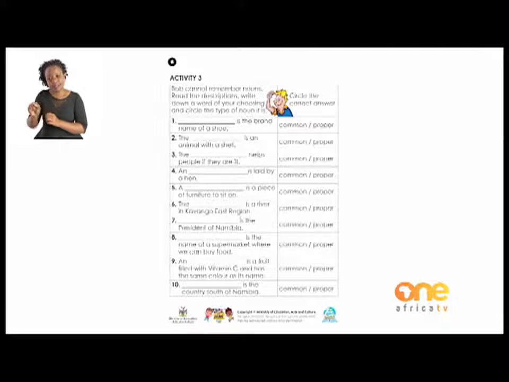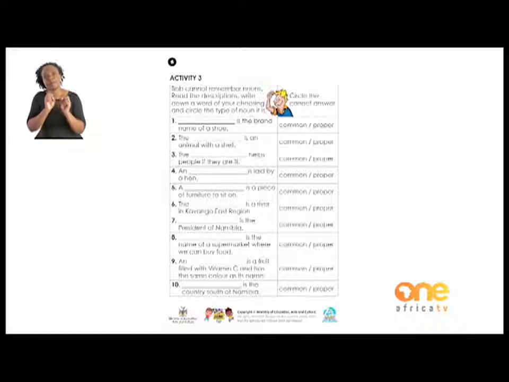Right, there's a mistake there. Where it says choosing, it's supposed to be choice, C-H-O-I-C-E. So it would read: read the descriptions, write down a word of your choice, and circle the type of noun it is.